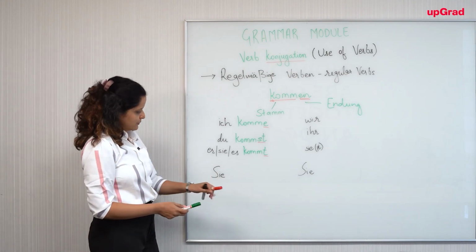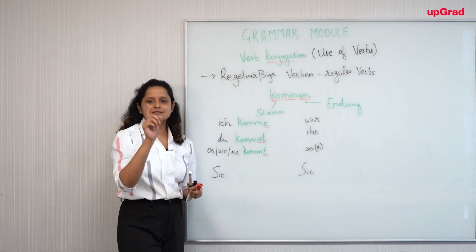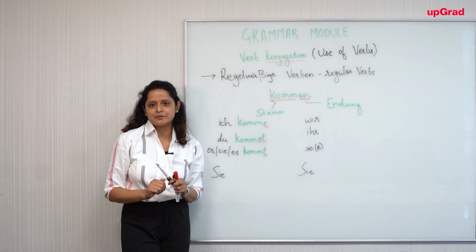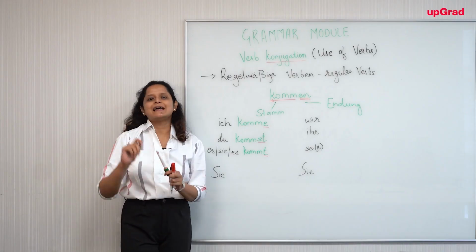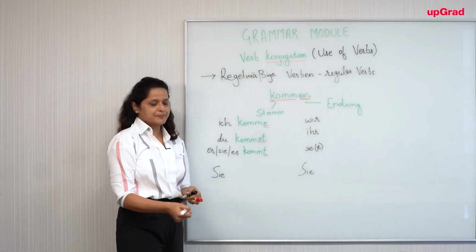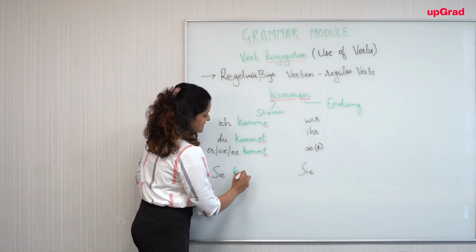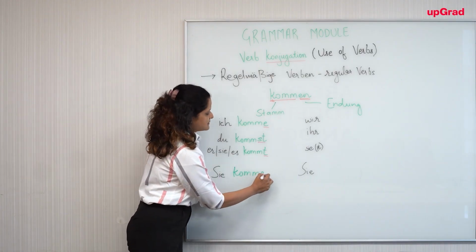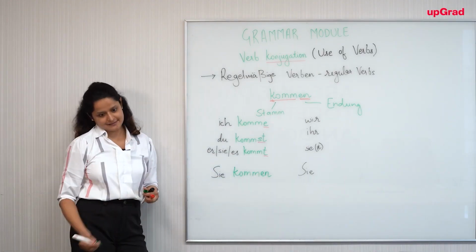Now we move on to the Sie formal, that is the zweite Person Sie. Let's say I want to say my boss is my second person in this scenario, and he happens to be coming from somewhere. My stem remains the same, komm, and in this case, my ending also remains the same.